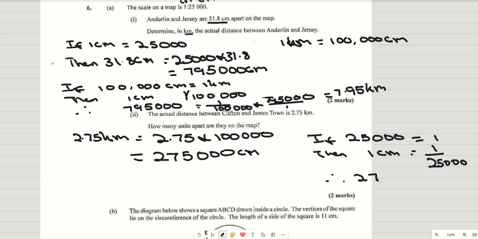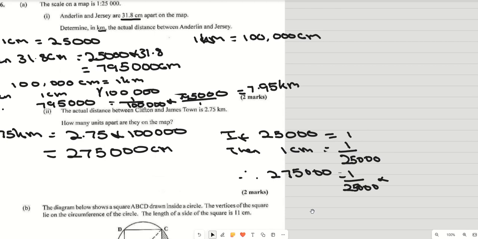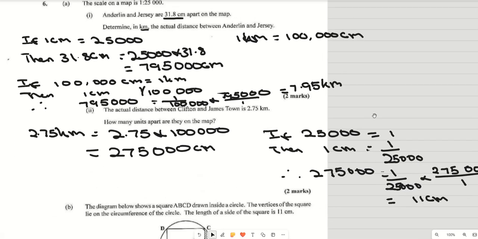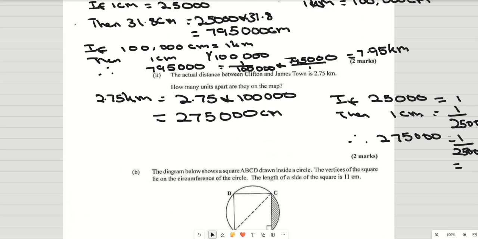Therefore, 275,000 is equal to 1 over 25,000 multiplied by 275,000. So it's 11 centimeters on the map. And that is how you would do this question.